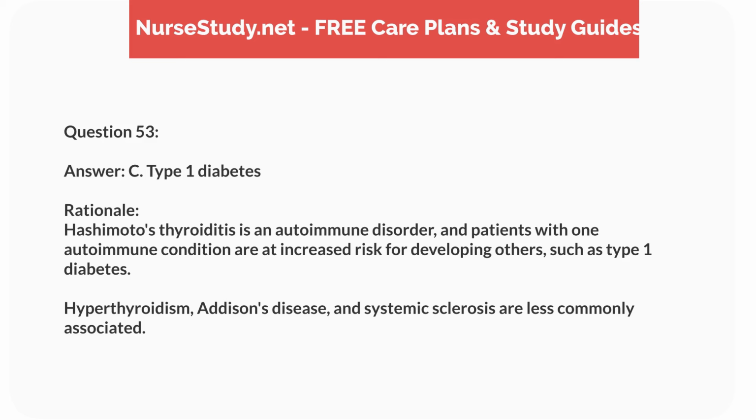Answer: C. Type 1 diabetes. Rationale: Hashimoto's thyroiditis is an autoimmune disorder, and patients with one autoimmune condition are at increased risk for developing others, such as type 1 diabetes. Hyperthyroidism, Addison's disease, and systemic sclerosis are less commonly associated.